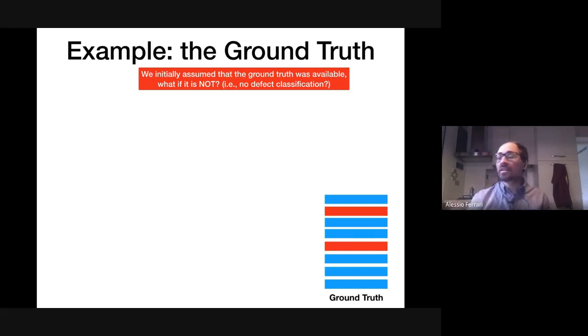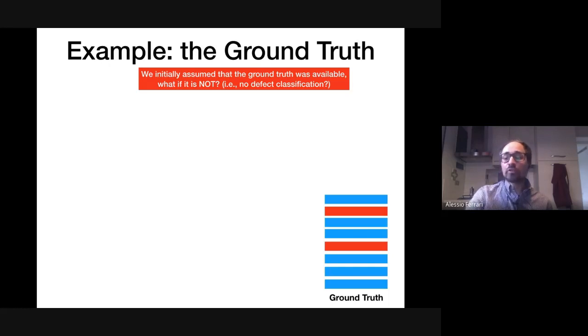For example, there is no defect classification because they didn't perform any defect classification, or because they want to try on a new document, or because they have already delivered those products and they're not allowed to release the requirements, for example. For any reason, you might find yourself in this possible situation.